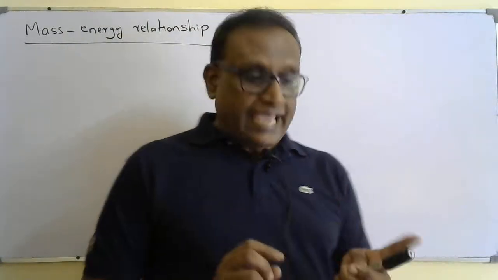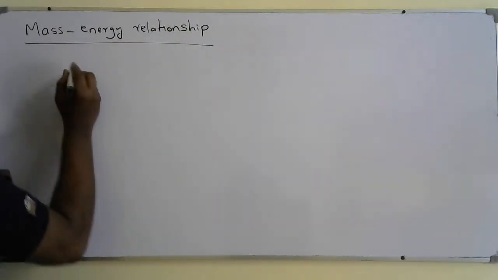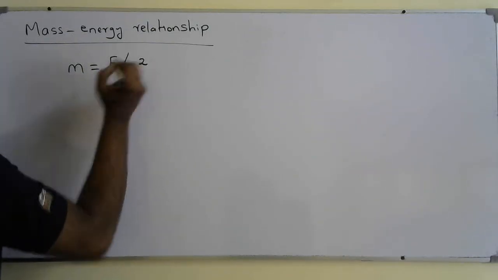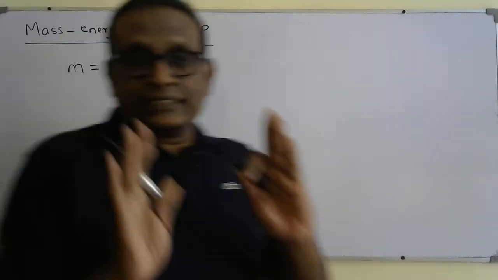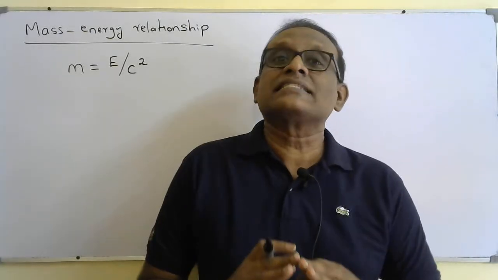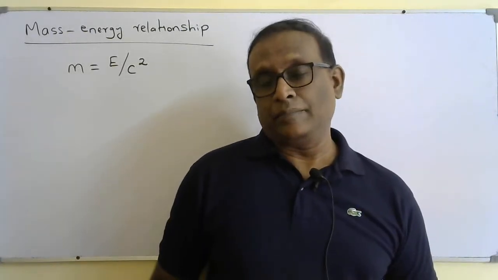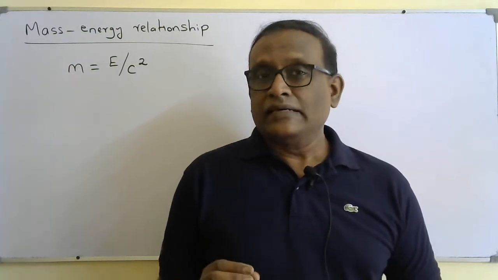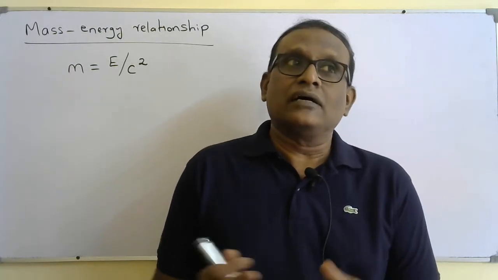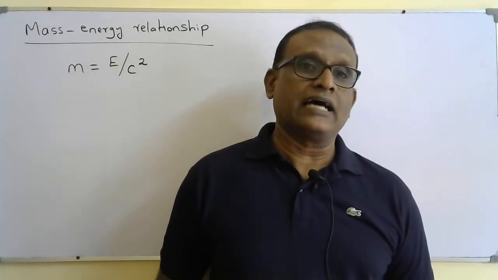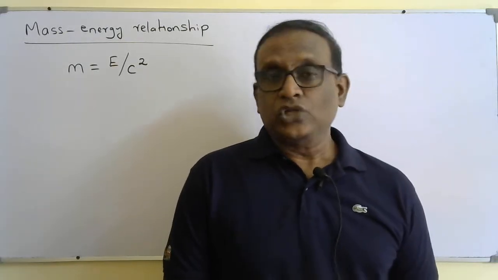If I write M as the subject, M equals E over C squared. This pattern is used as a unit of mass. There are different units used for the same physical quantity. For example, the unit of energy is the joule.